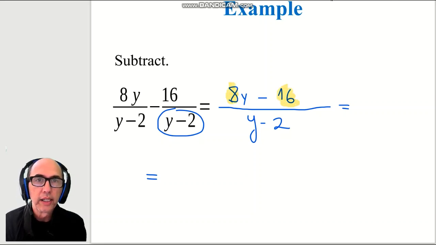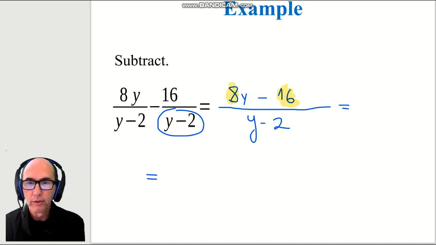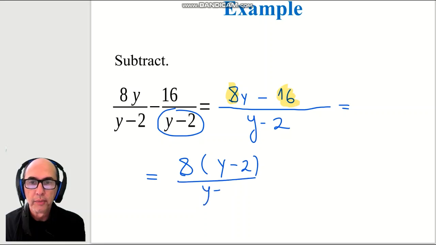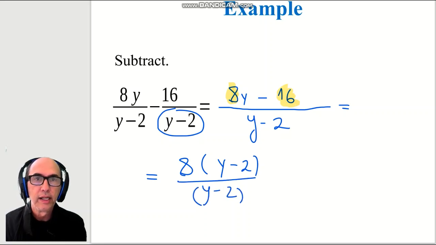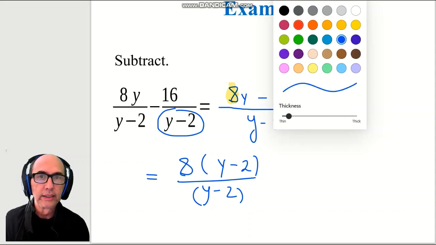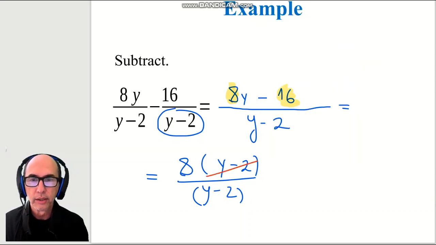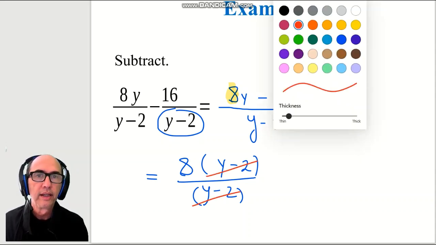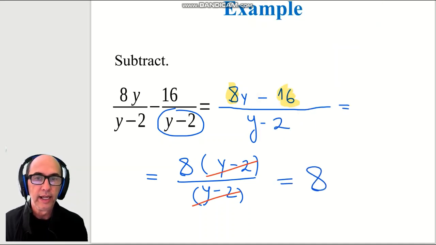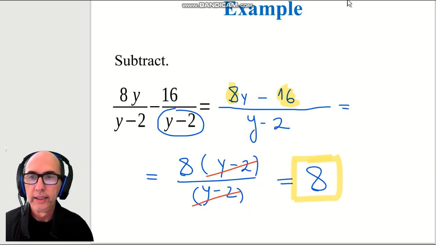There is a greatest common factor that can factor out. 8 times y minus 2 over y minus 2. And finally, we can cancel if we have the same factor on the top, on the bottom. And the answer is 8. Final answer, simplest answer possible, equals 8.